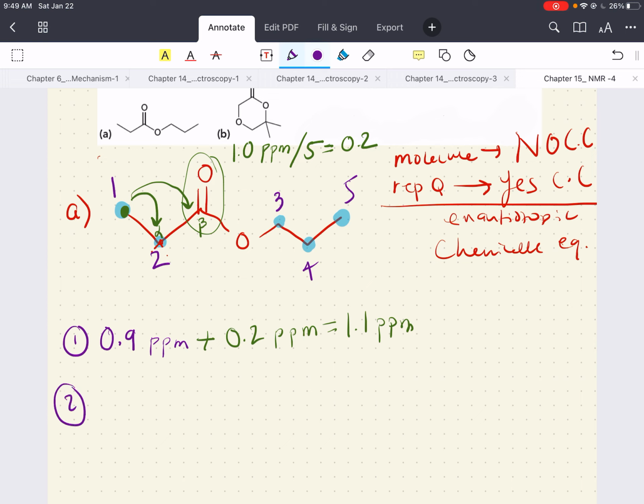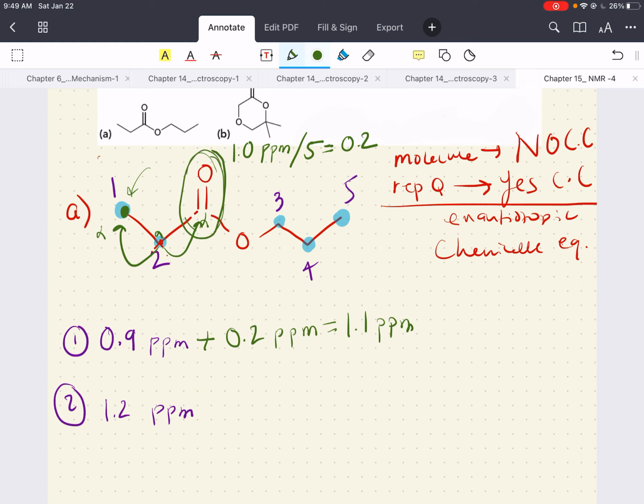Let's look at position 2 now. Position 2 is a CH2 group, so that is 1.2 ppm, methylene. To this group, here are its alpha positions. There is nothing in this alpha position, but if you look at this alpha position right here, what do we hit?